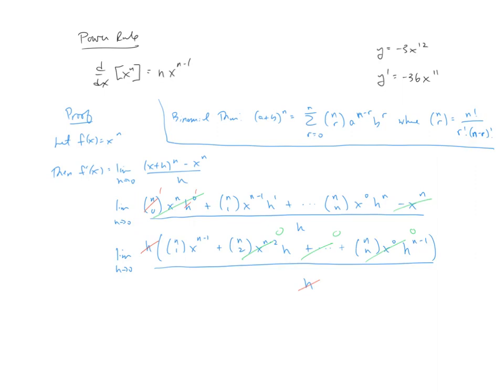So when all is said and done, all we have left is this n choose 1, x to the n minus 1. And so that does look pretty similar to what we have up here, but we have some convincing to do. Is n choose 1 the same thing as n?